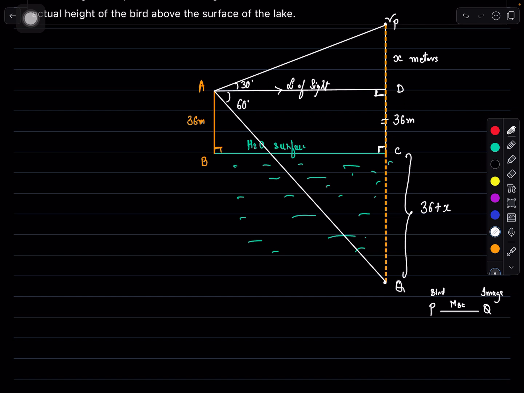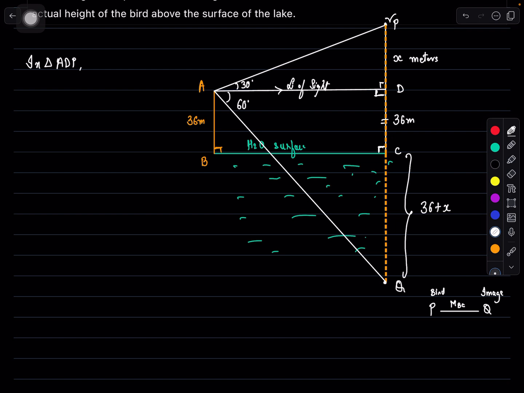Now we are interested in finding the height above which the bird is spotted. The first thing we want to do is use the tan function in triangle ADP. In triangle ADP, angle D is 90 degrees.